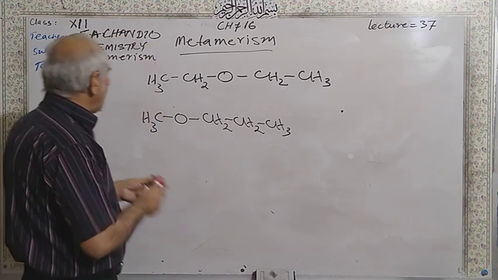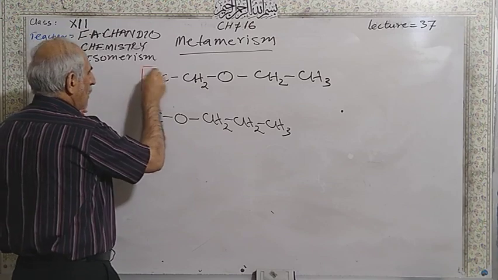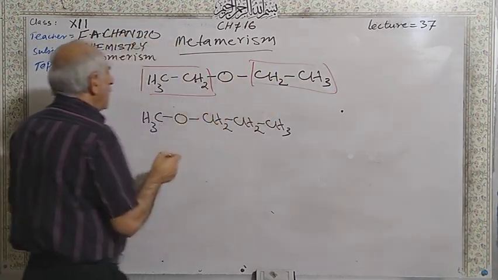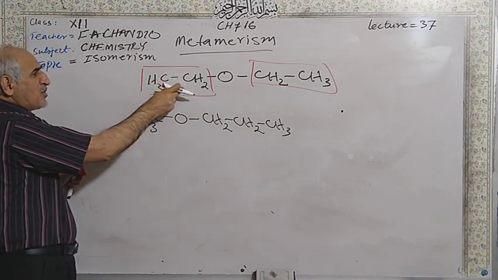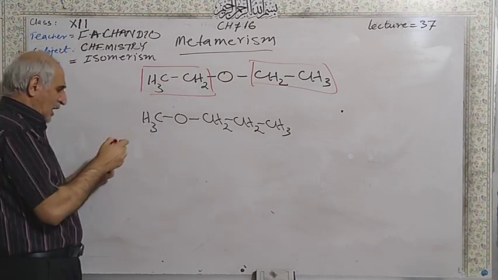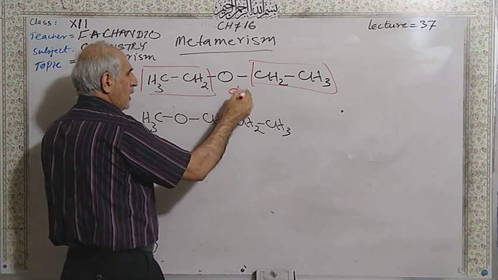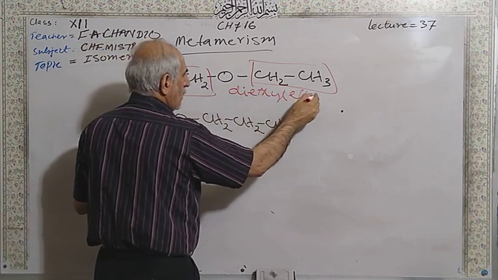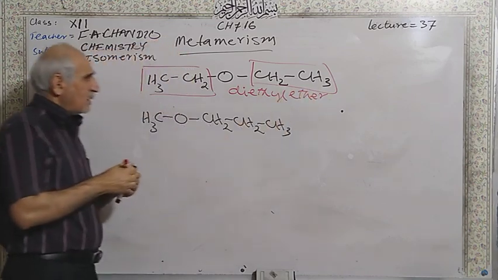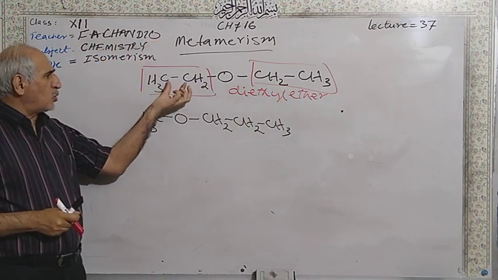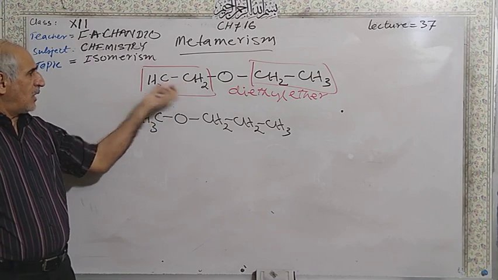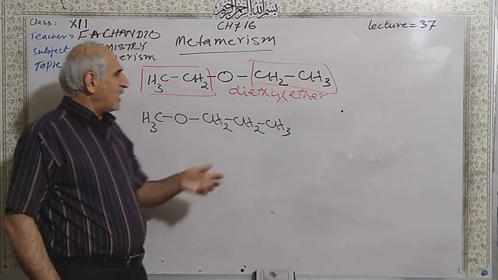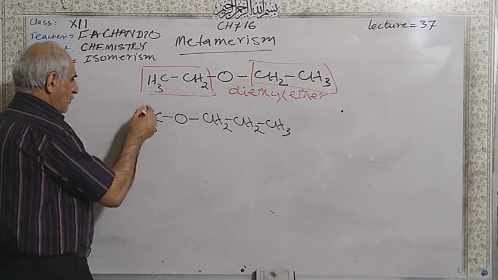On both sides there are two carbons each, symmetrical. This is symmetrical ether, diethyl ether. Two carbons on the left side and two carbons on the right side, symmetrical.